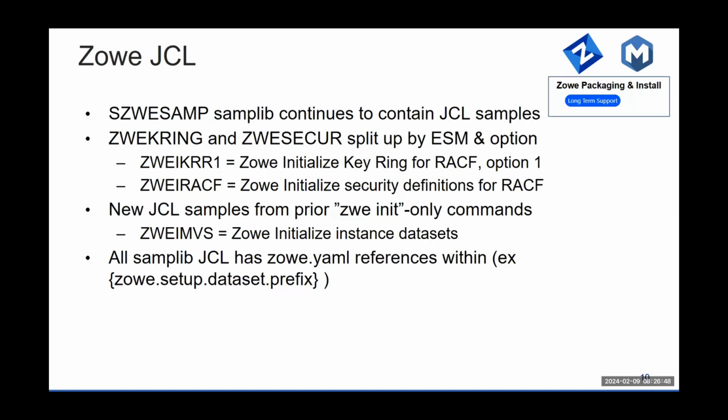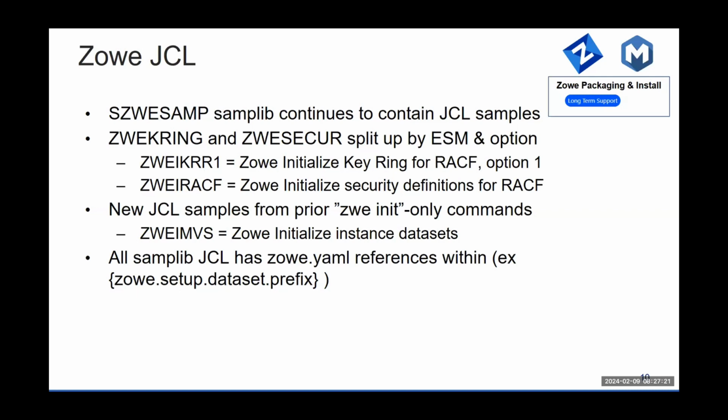And what our users generally did is they learned what were the actions that they actually needed to do by reading those very long samples, and then they would just make their own jobs and execute them. So we're hoping to get closer to reality here in just splitting those jobs up into the single options that a user would do. So you'll see that there's now going to be a sample, for example, called ZWEIKRR1.